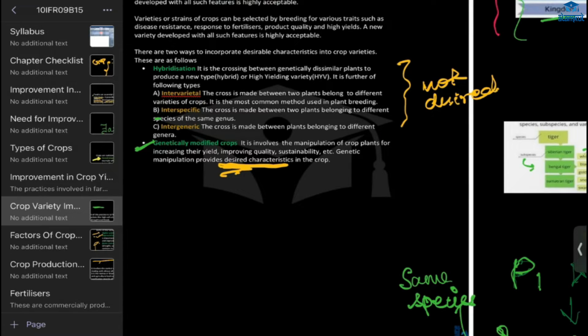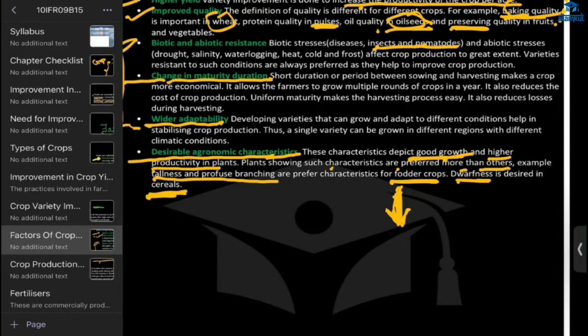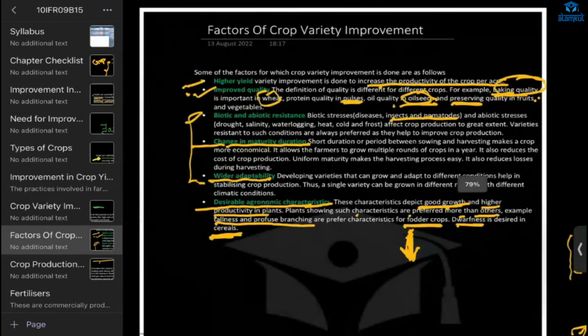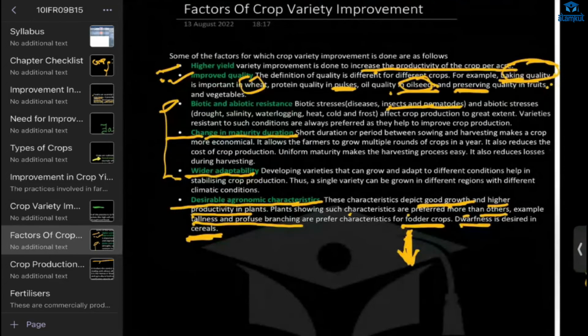It is going through the phases. In the future it will be there, most probably. Whichever gene or character we don't want, we just modify it. Not delete it, just change it to a desirable quality.